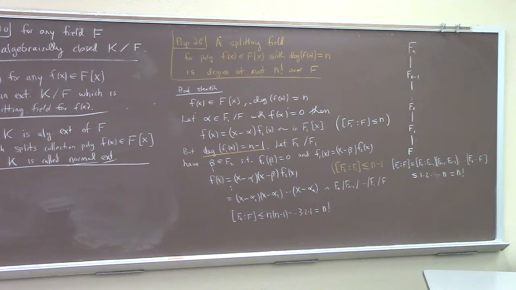Theorem 27, I don't want to write down, but what it says is that if you've got an isomorphism of fields, and you look at a polynomial over the original field, and then you look at the image of that polynomial under the isomorphism, then the splitting field for the original polynomial will be isomorphic to the splitting field of the isomorphic polynomial.